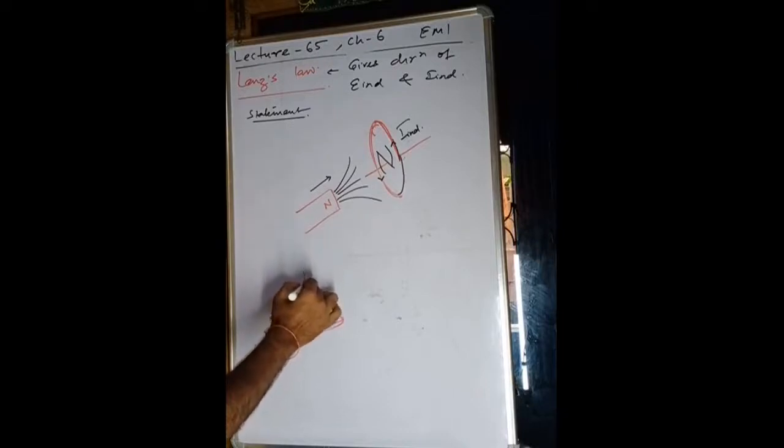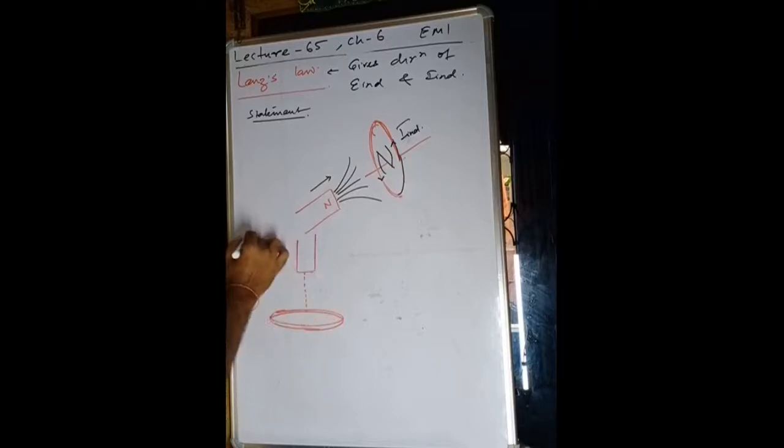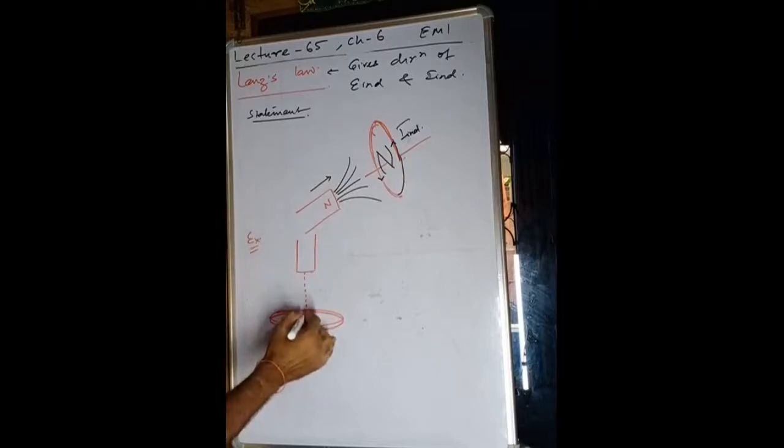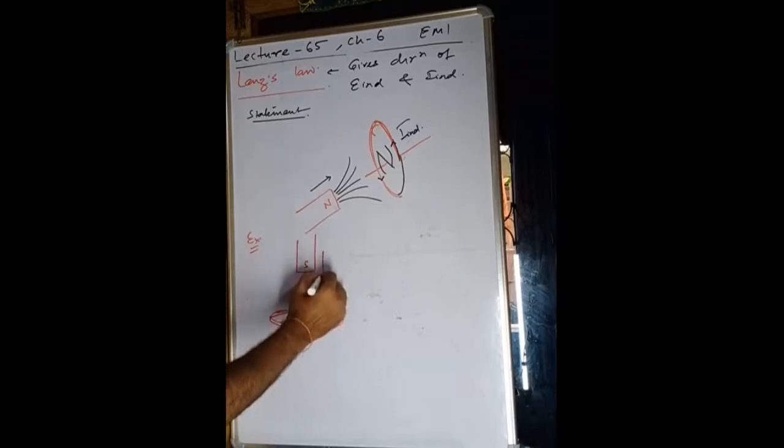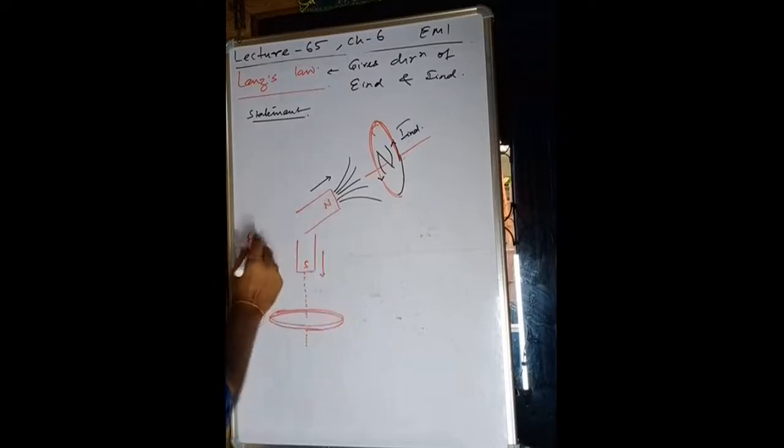You can see from above this coil, and this is a magnet. This is an example. You have to think. Meanwhile, I am drawing the coil, and after that I will give the answer. This is the south pole. It is coming towards the coil. This is the first example.